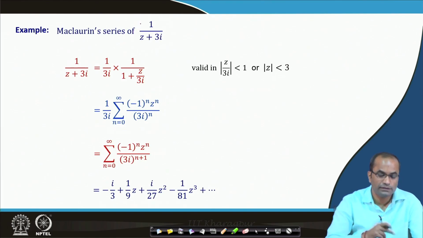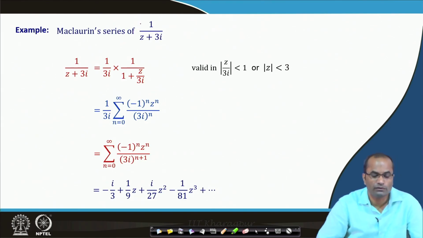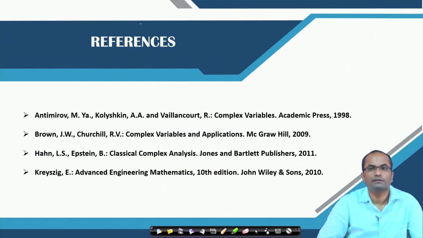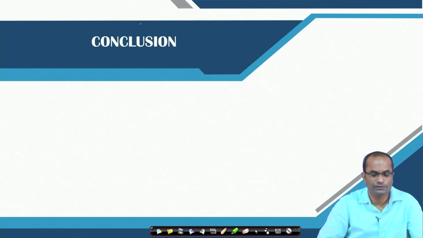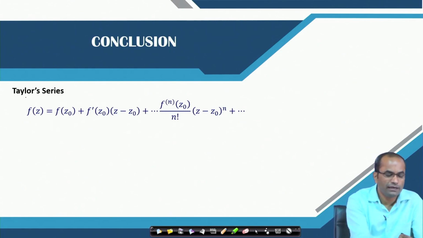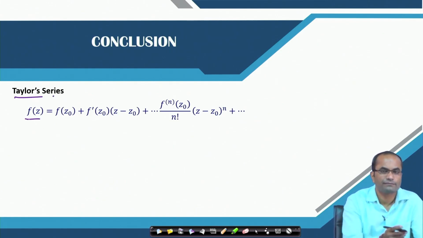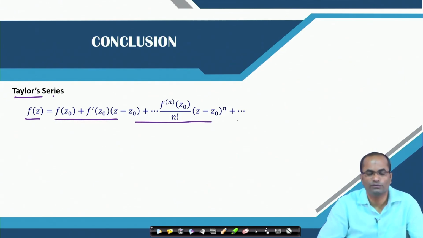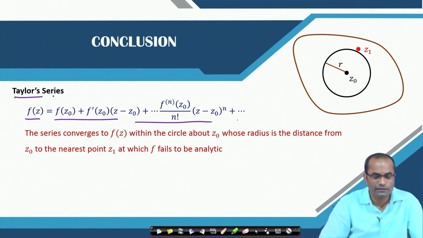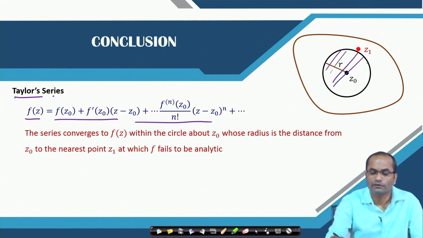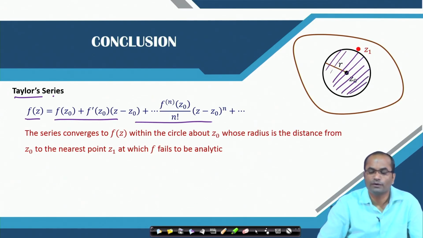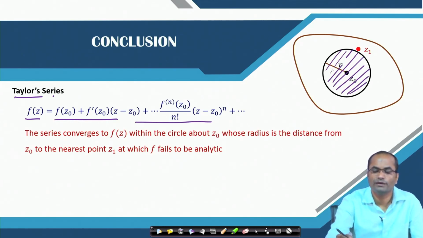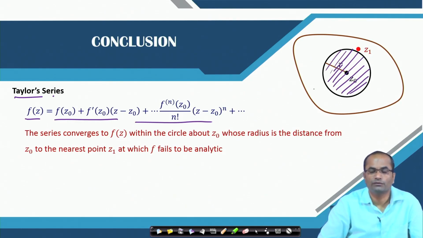we will generalize the idea of the Maclaurin or the Taylor series. So, these are the references we have used for preparing the lecture, and just to conclude, we have learnt the Taylor series for f(z), for complex functions, and that is a similar expansion to what we have for real functions as well. Regarding the interesting fact about the convergence, we have seen that the series will converge up to the maximum radius around the point z as long as there is no point where the analyticity of the function breaks down.